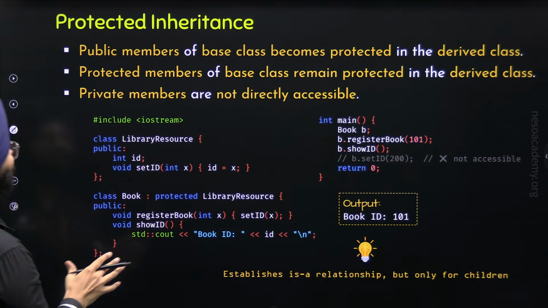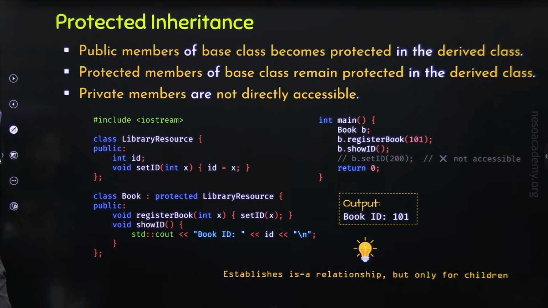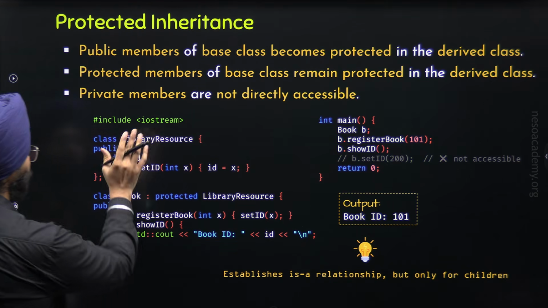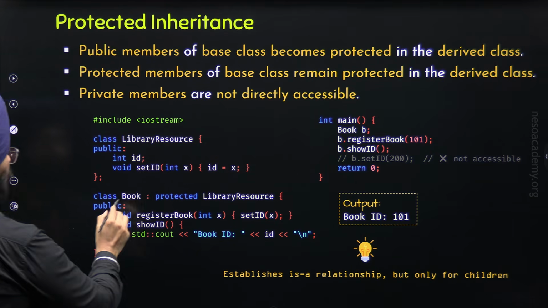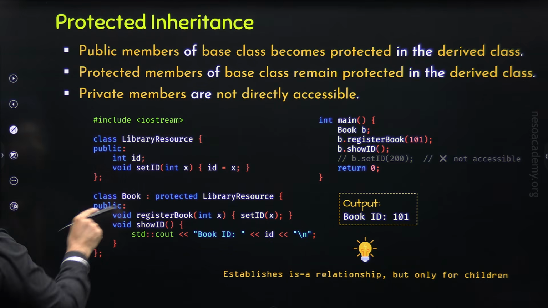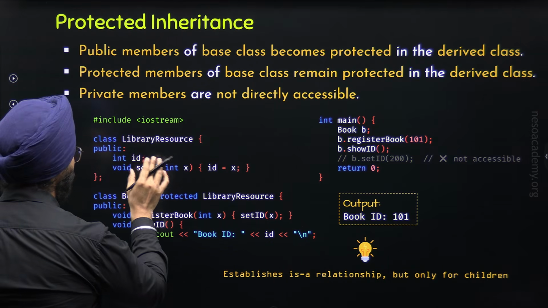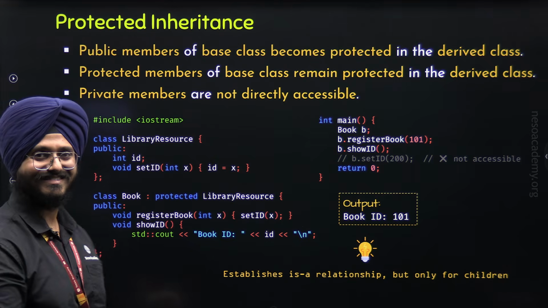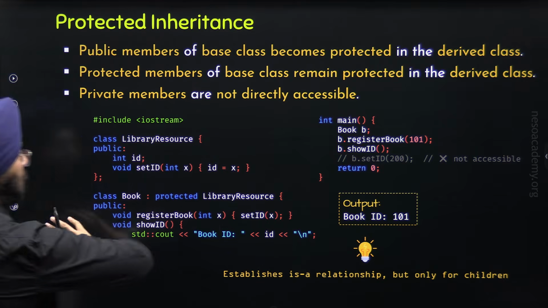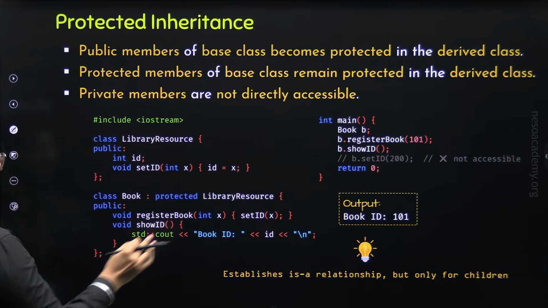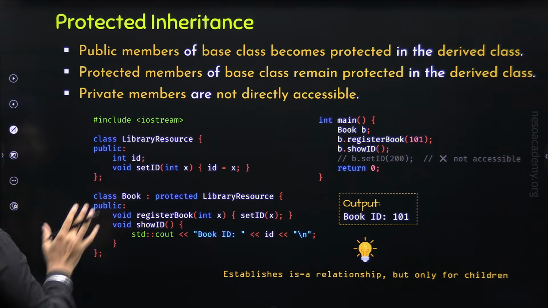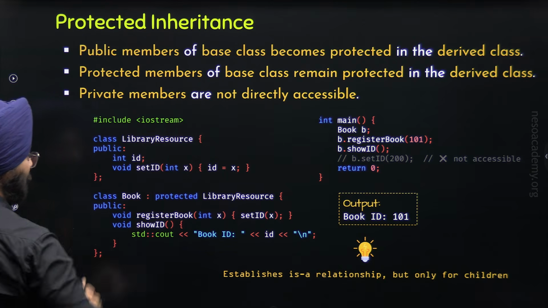But that is not the case in protected inheritance. Here we establish the is-a relationship, but only for children of the base class. We can say a book is a library resource, but the outside world cannot access the members of this class. Understand, this class can access the members of this class, but not the outside world. So the is-a relationship is established only for children. That is what we can say in case of protected inheritance.